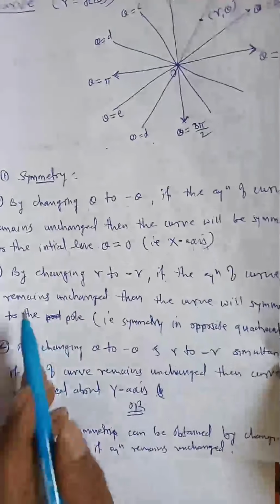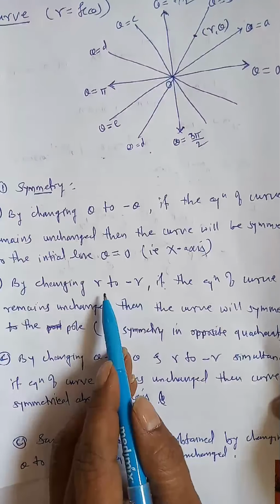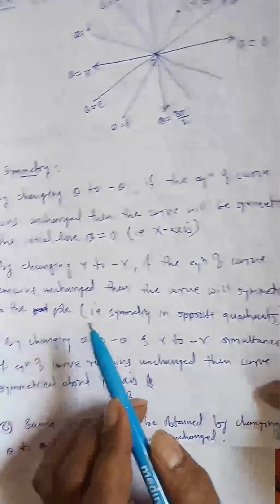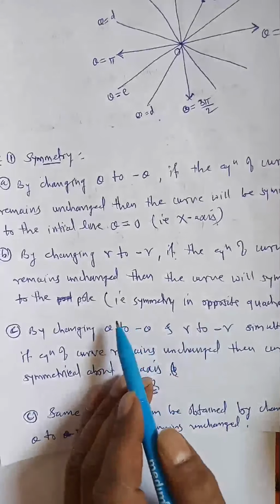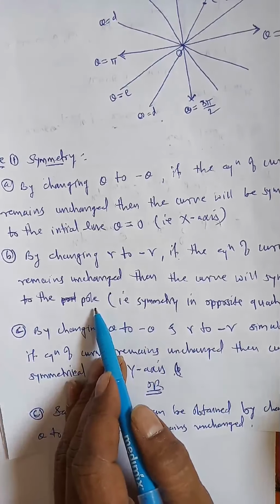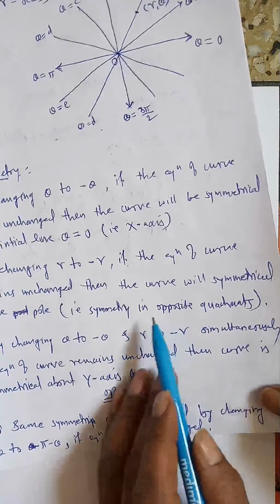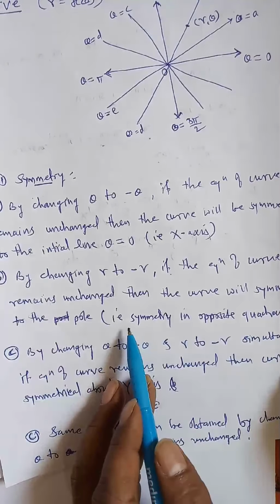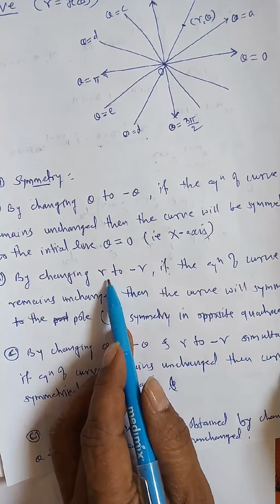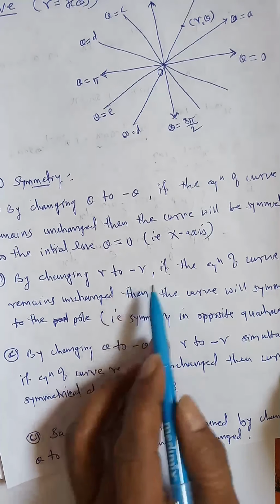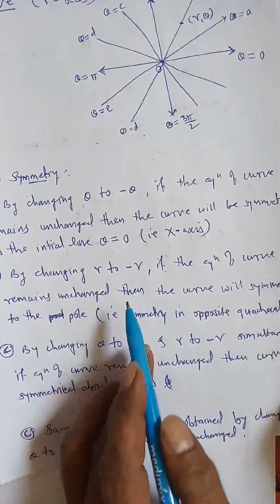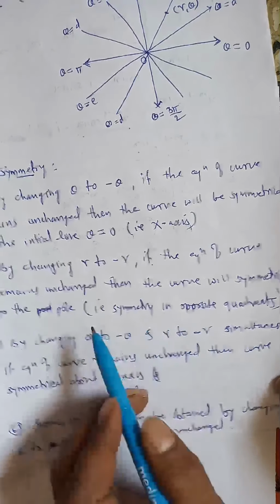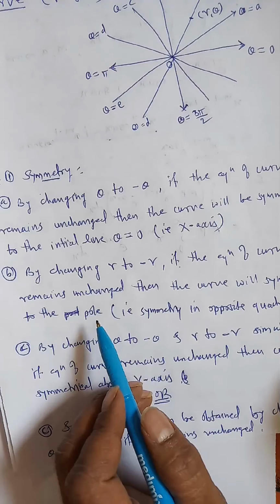Second, if we replace r by minus r and the equation remains unchanged, then the curve is symmetrical about the pole, that is, symmetry in opposite quadrants. If the equation remains unchanged, we say the curve is symmetric in opposite quadrants, or symmetric about the pole or origin.